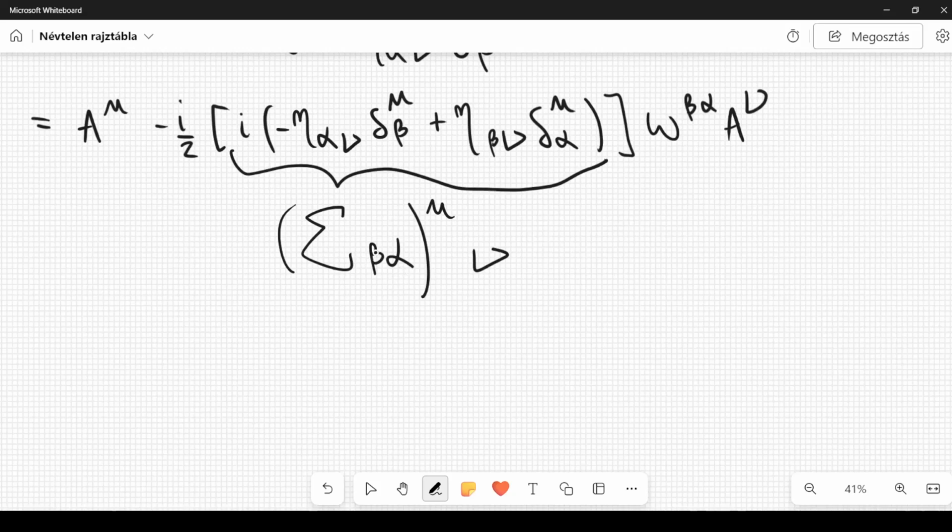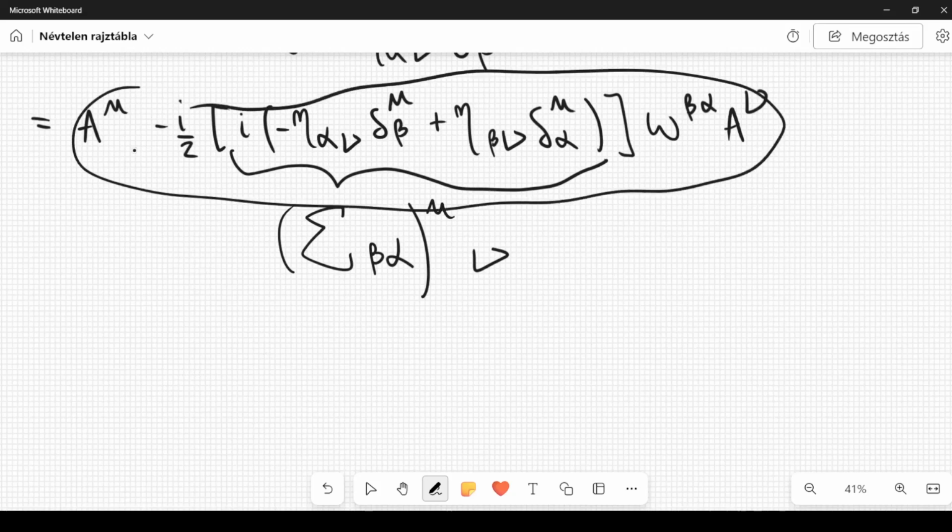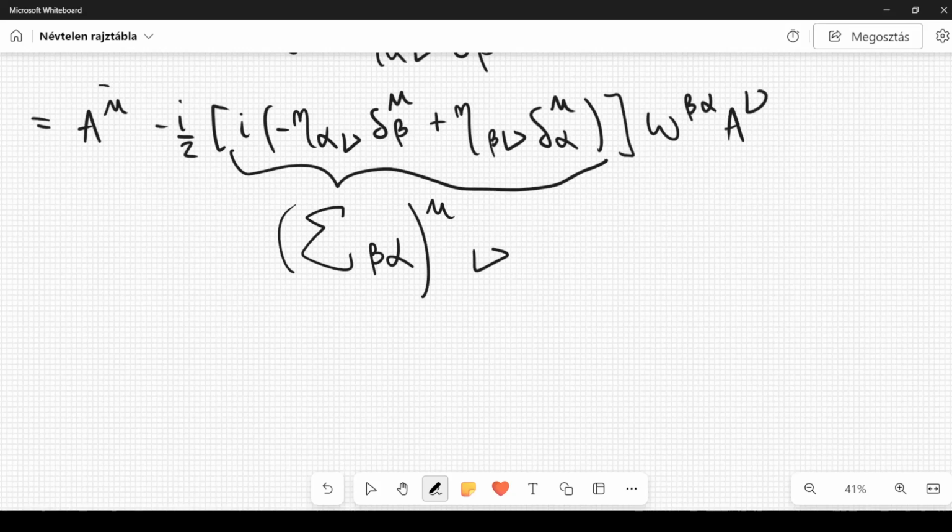And let me tell you that in this case, we have found an infinitesimal Lorentz transformation. But if we want a finite Lorentz transformation, we have to replace this quantity here, which you can see has the identity which multiplies A mu, and then you have another matrix here which multiplies A nu. The finite Lorentz transformation would be of the following form.